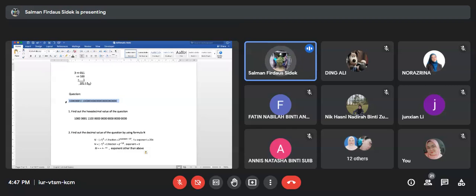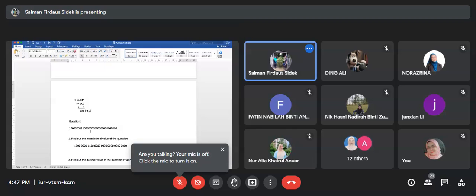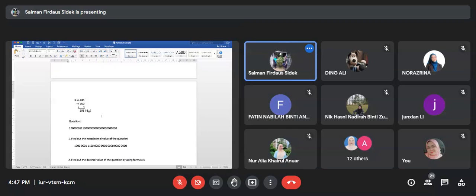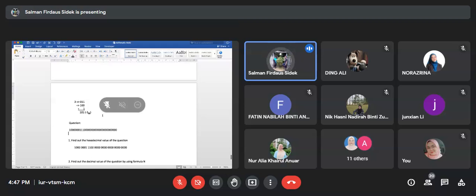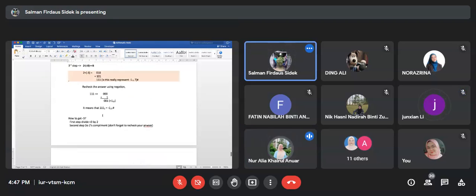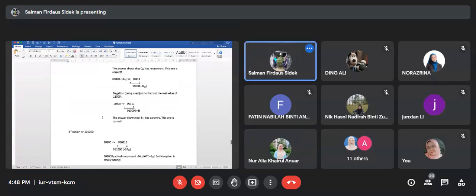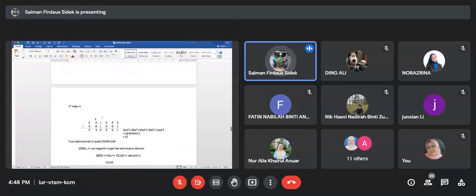Step by step saya jawab, one by one. So what is the value of this exponent? What's the exponent of this number? Yang mana exponent dia? In this answer, which one is the exponent? Bit nombor berapa? Exponent start bit nombor berapa?